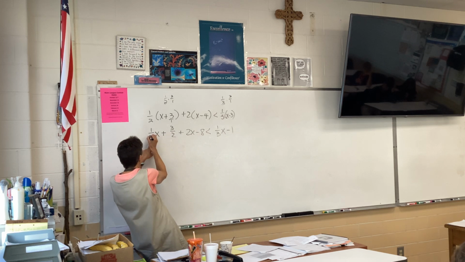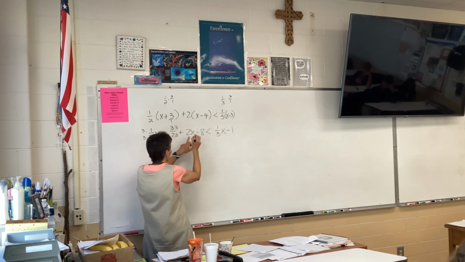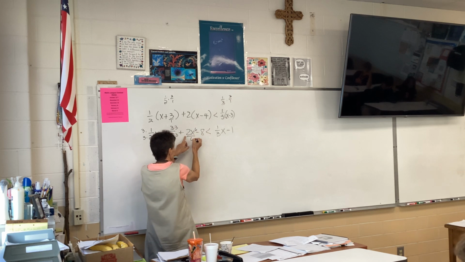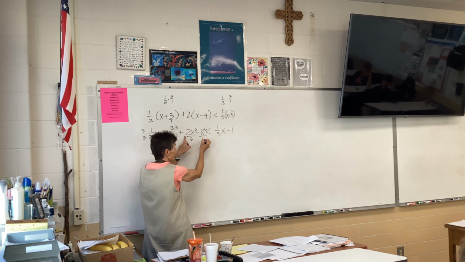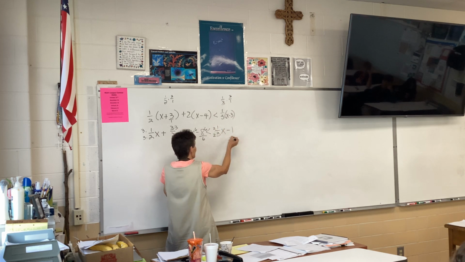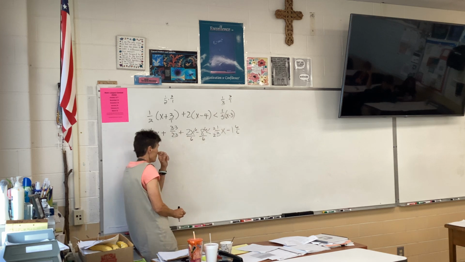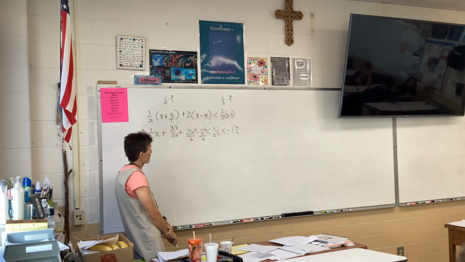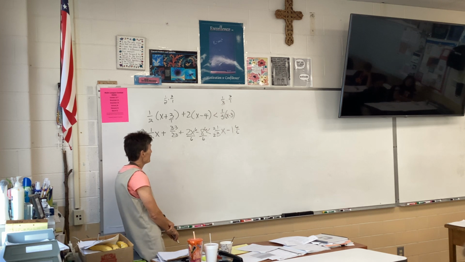So we're going to multiply this one by 3, this one by 3, this one by 6, and this one by 6, this one by 2, and this one by 6. What a mess.